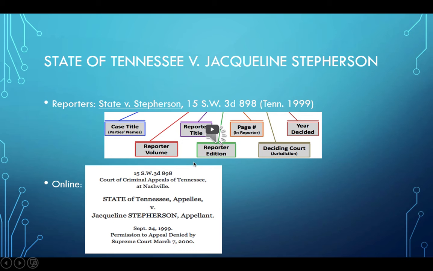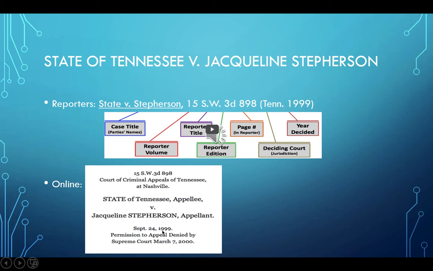Now in Westlaw Online, we are given the same information to complete the citation. So we see here in the middle, we have our case titles or party names, State of Tennessee v. Jacqueline Stepherson. Then at the top, we have our reporter volume, 15, our reporter title, Southwestern, our edition, which is the 3rd edition, and the page in which the case can be found is 898.